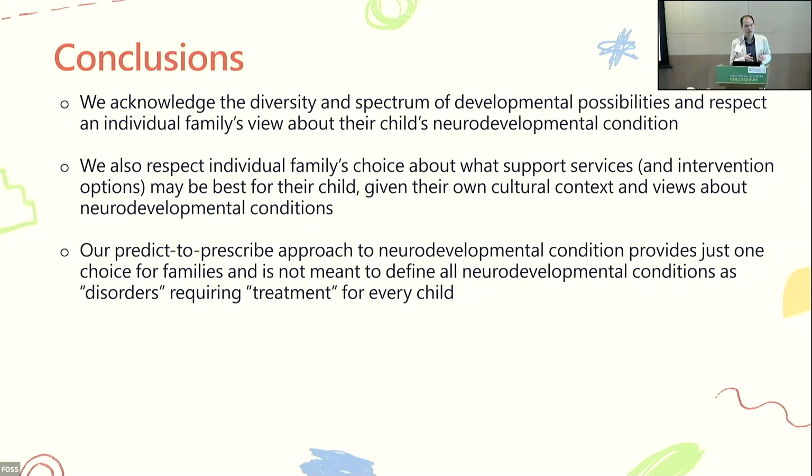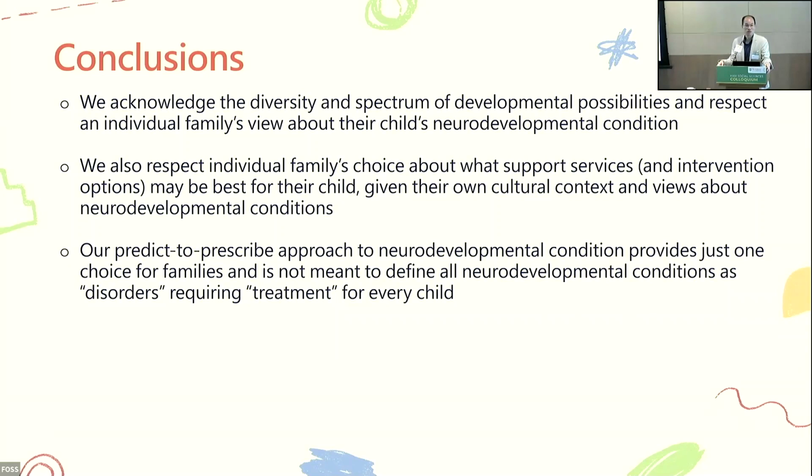Some families believe that autism is a problem that needs to be treated. Some families don't. And so what we're presenting here, our Predict-to-Prescribe approach to neurodevelopmental conditions, provides just one choice for families and is not meant to define all developmental conditions as a disorder requiring treatment for every child.